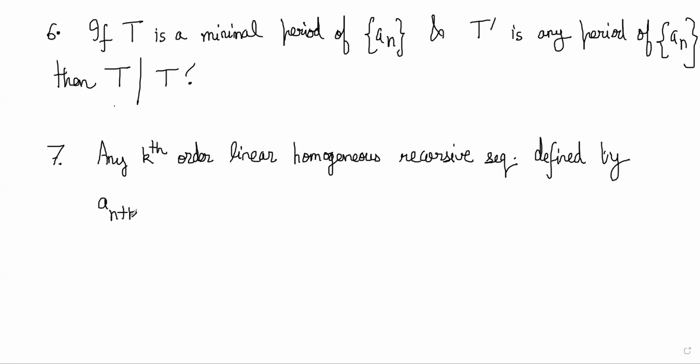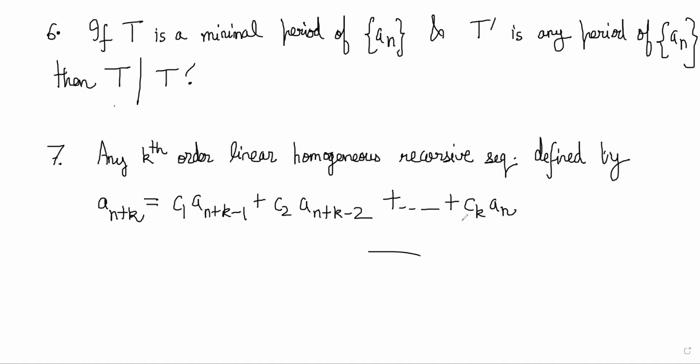We have already seen this in the previous video. a_{n+k} = c1 a_{n+k-1} + c2 a_{n+k-2} and so on till ck a_n, with constant coefficients. This is the linear homogeneous recursive sequence with constant coefficients.